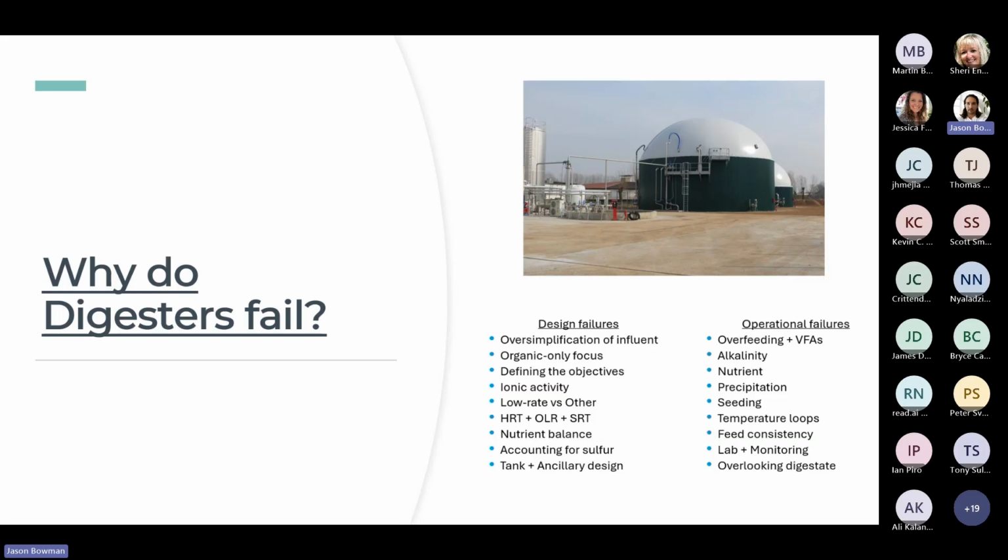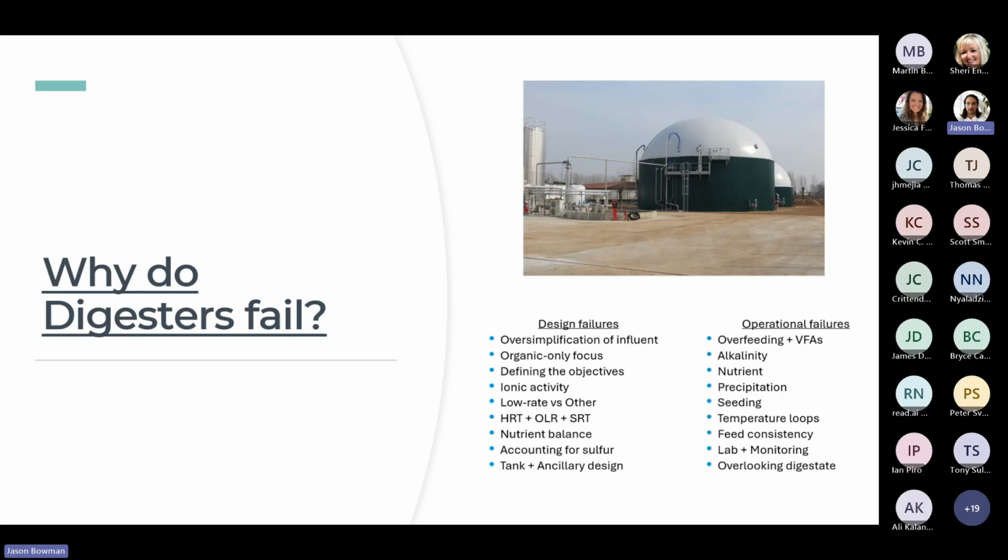So to name a few other failures, there's failure to account for ionic activity, failure to predict toxicity, failure to calculate a sulfur mass balance, and failure to provide sufficient supporting systems like liquid solid separation steps. There's a lot of different design failures that projects have had in the past.